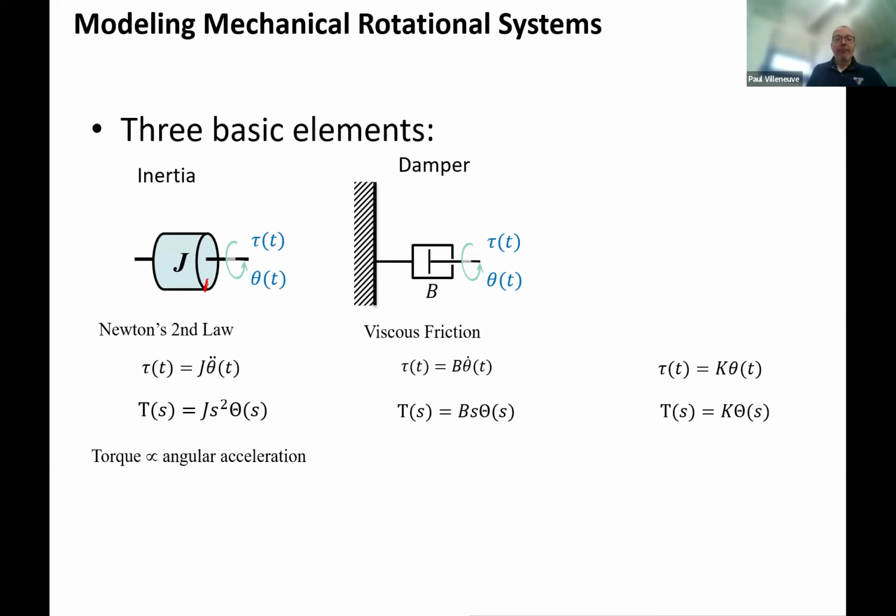So that's a velocity term. If everything is flowing at the same rate, there's no fluid going through those ports, then you're good to go. So the velocity is the first derivative of position. So we have B times the first derivative of theta.